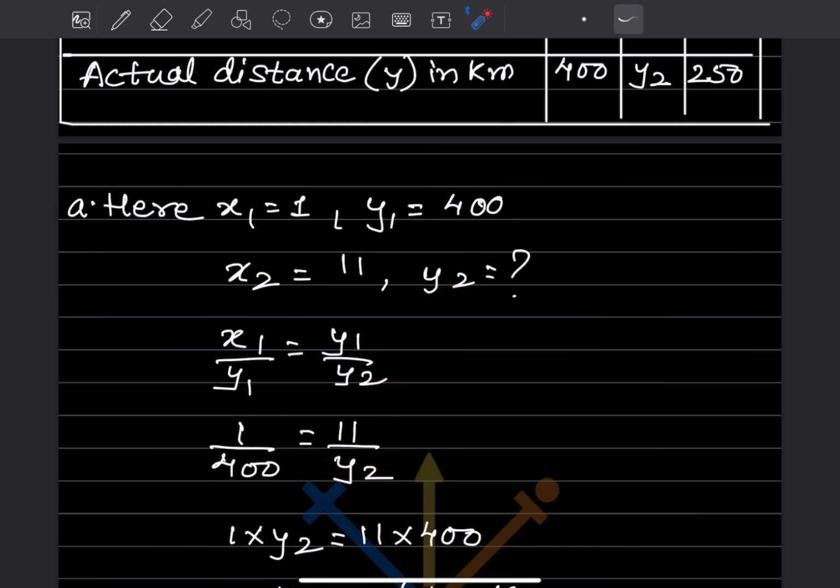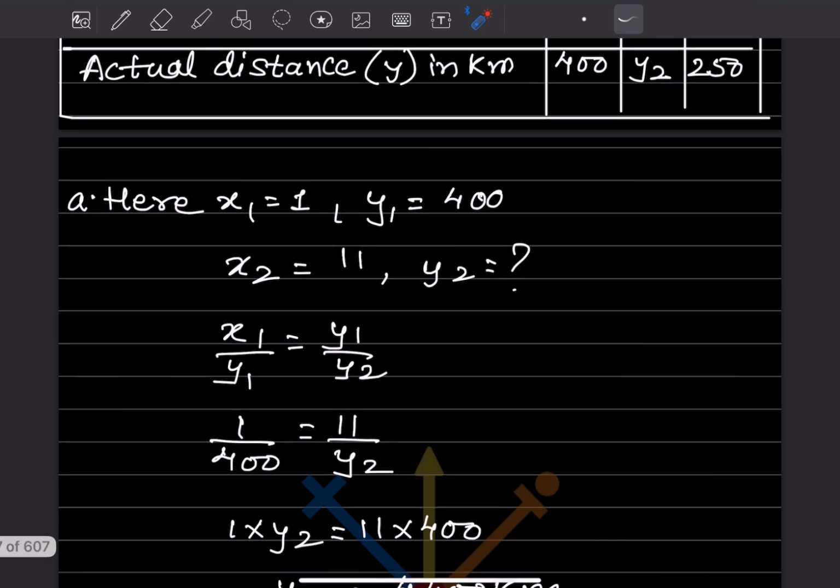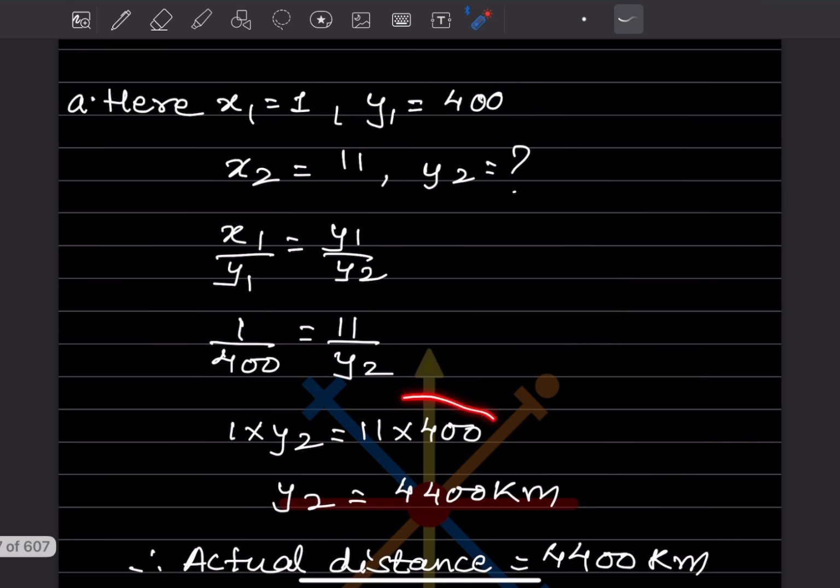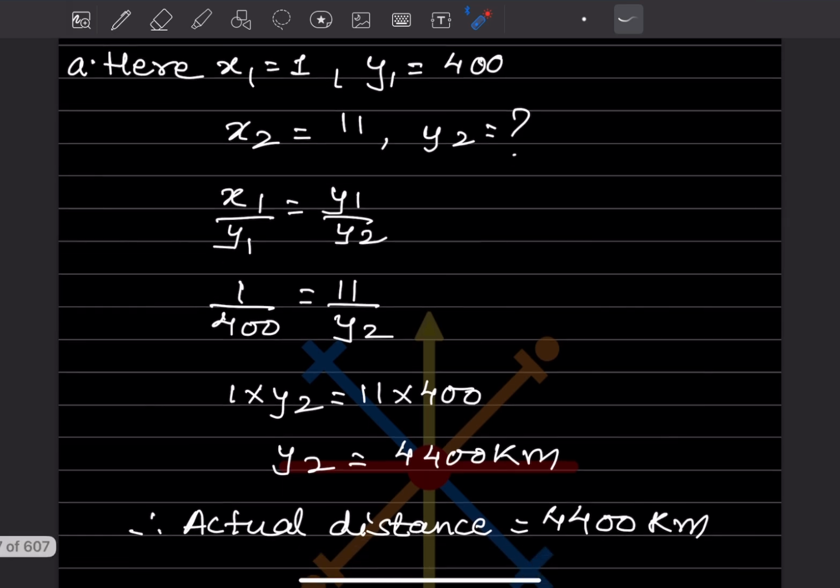After cross multiplying, 1 into y2 is 11 into 400. So y2 will be, because when you multiply by 1 the answer is the same, 4400 kilometer. So the actual distance is 4400 kilometers.